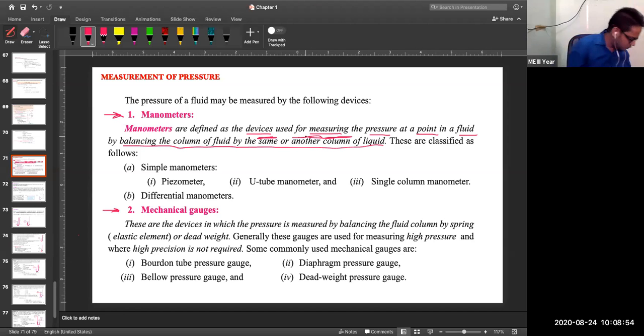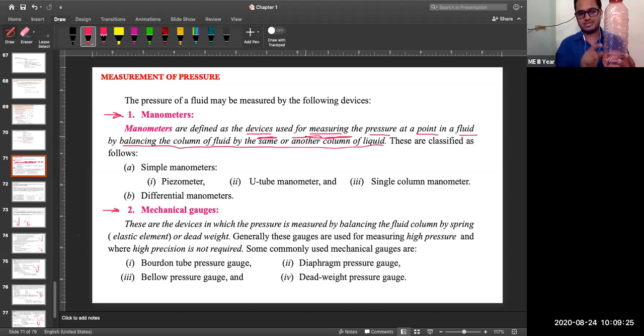Here I had made a hole and inserted a glass tube, so we will be able to measure the pressure at this point. All of you remember this point. If we are inserting the manometer here, the column of liquid above this point, the pressure created due to the liquid level present here, can be measured using this manometer.